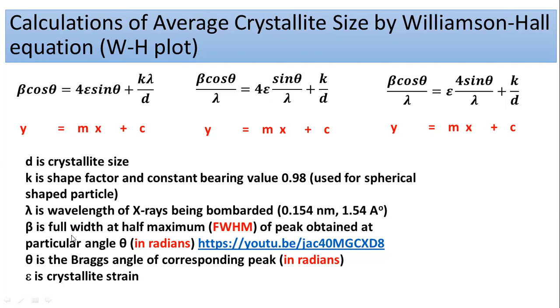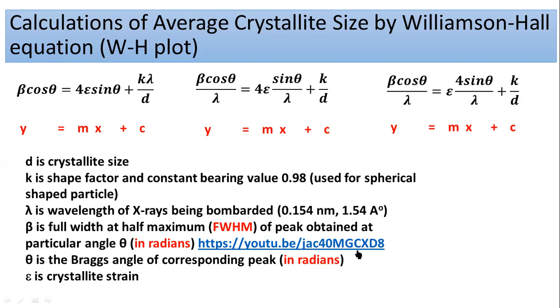Again, beta is the full width at half maximum of the peak, at all the peaks in the XRD, at a particular angle, which is 2 theta in degree, but we will convert into the radians. And this I have already explained in detail, how to find out the full width at half maximum and how to convert the degree into the radians.